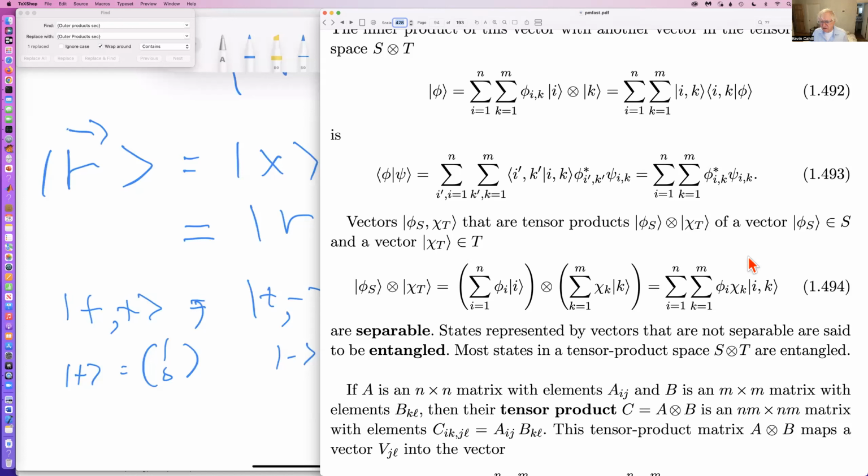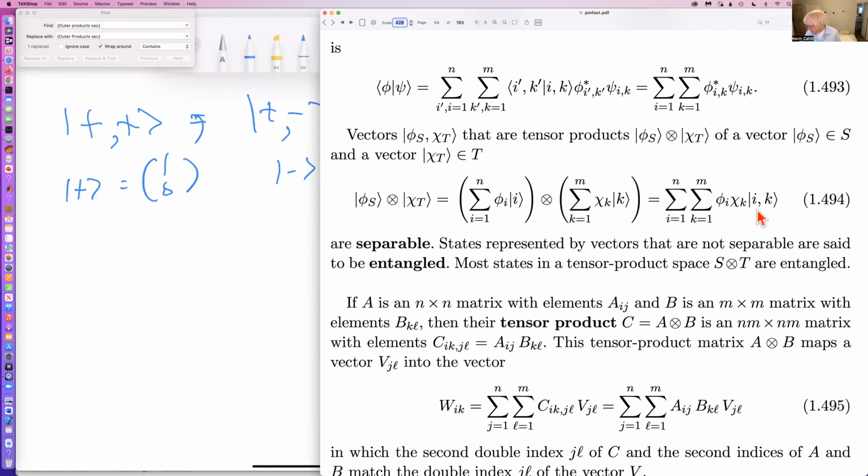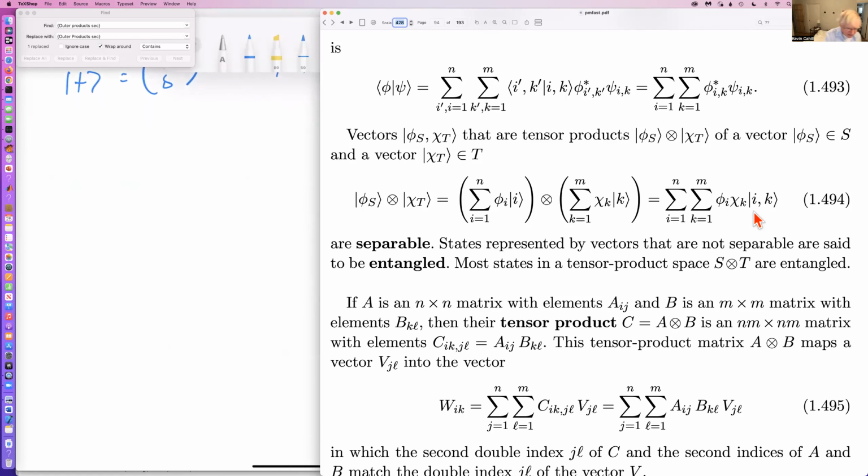The general state is a sum over the i, k with arbitrary coefficients, in fact coefficients that aren't products the way I wrote them here, but instead are of the form, let us say, phi sub ik. So in other words, the general state, I should have another equation here.